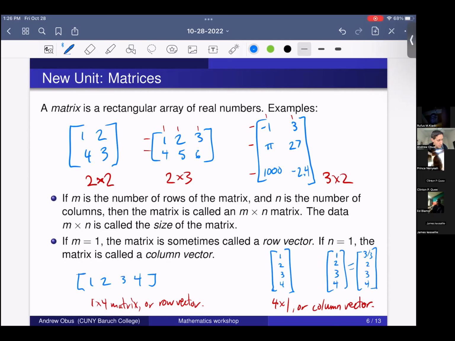This is the same matrix. But usually we use a capital letter for a matrix, so I'll call this matrix A. I could also use V because it's a vector. If the matrix is also a vector, you could use a vector notation for it.